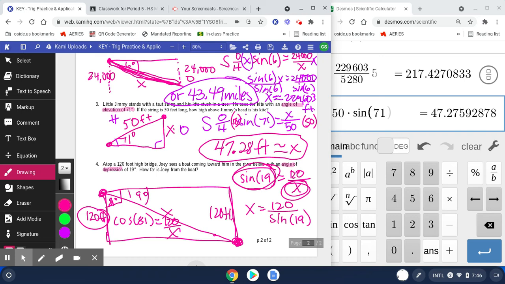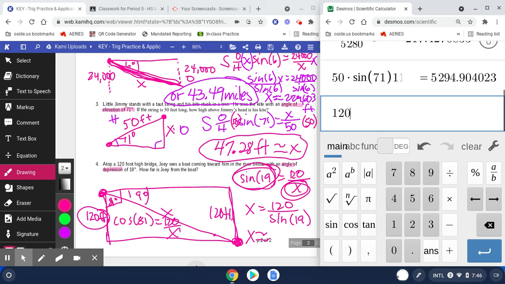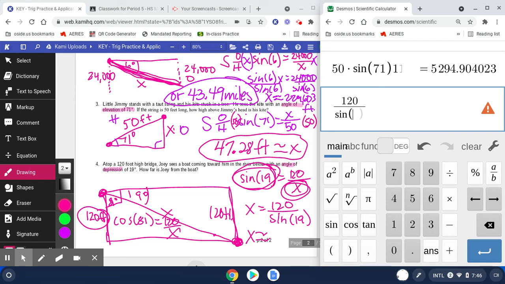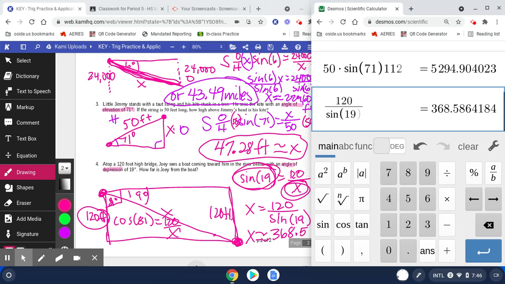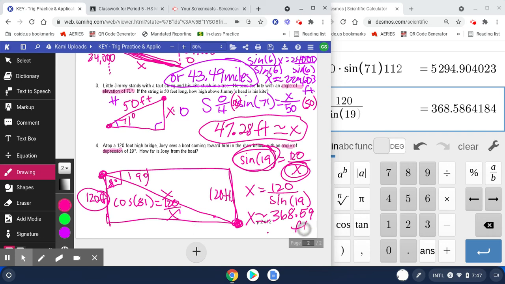And now it's dividing by the sine. So here I go, 120 divided by the sine of 19 equals 368.59. And this is in feet.